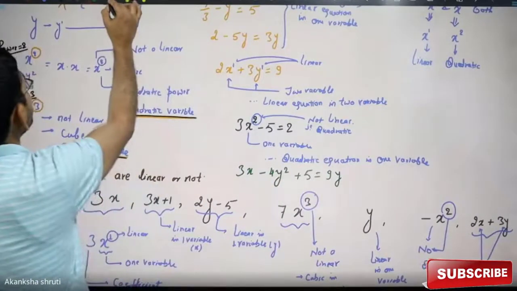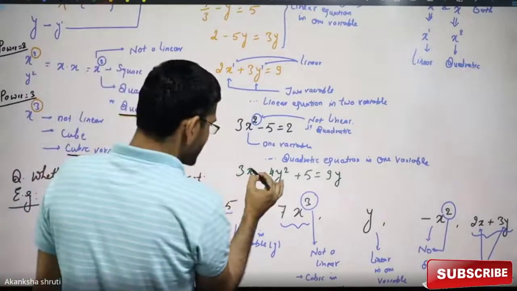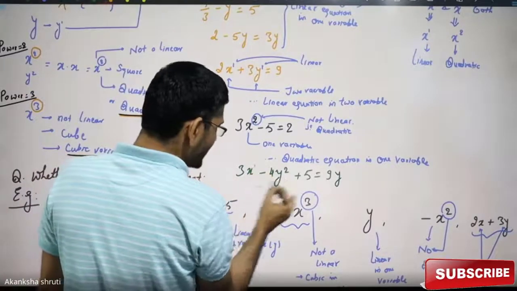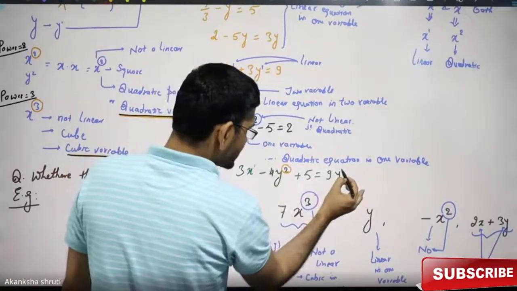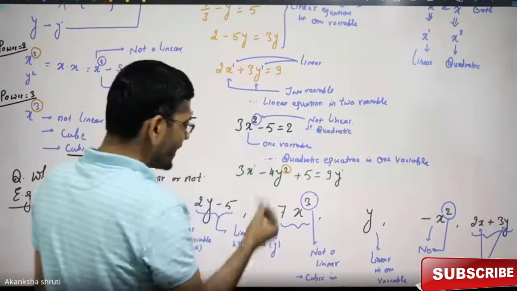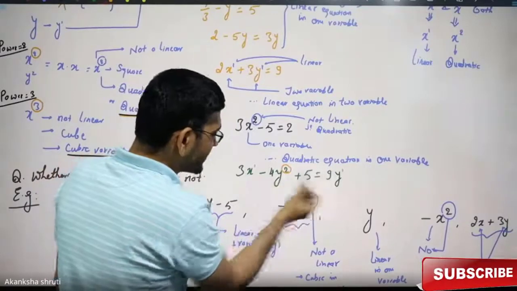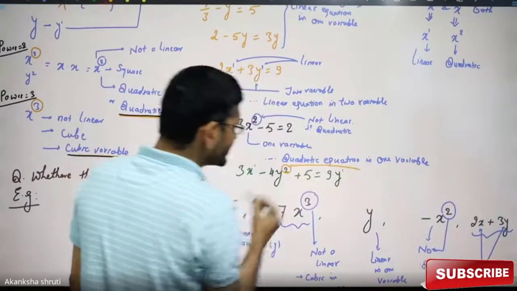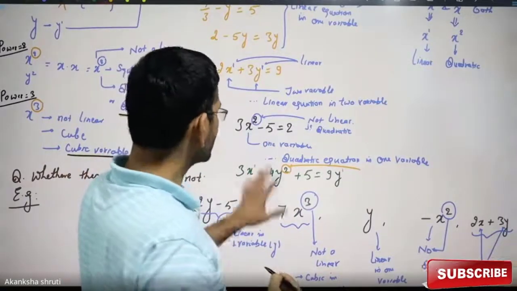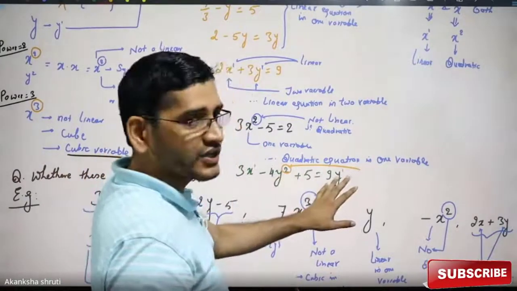Here the highest power for the variable x is 1, for y it is 2, and it is 1 also. But if the highest power is 2, that is taken as the degree or the power of this entire equation.